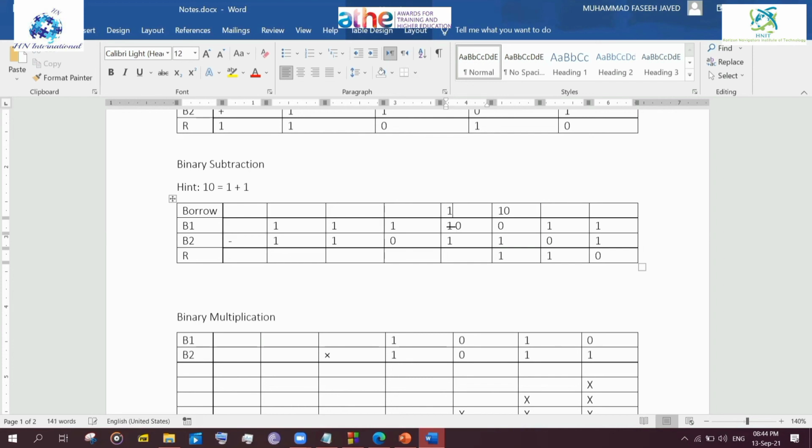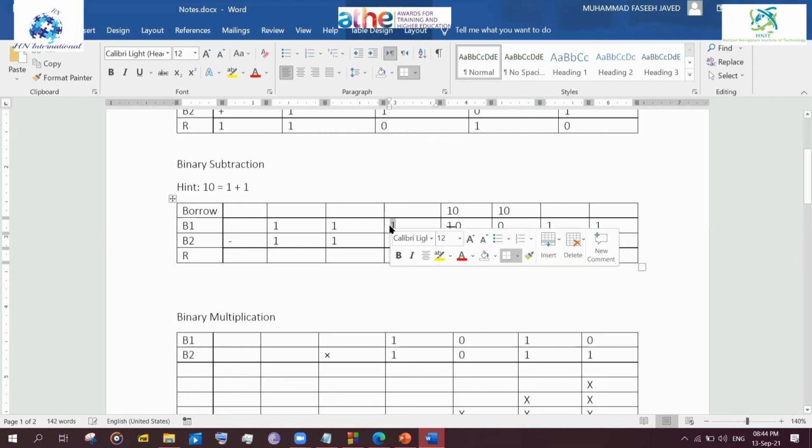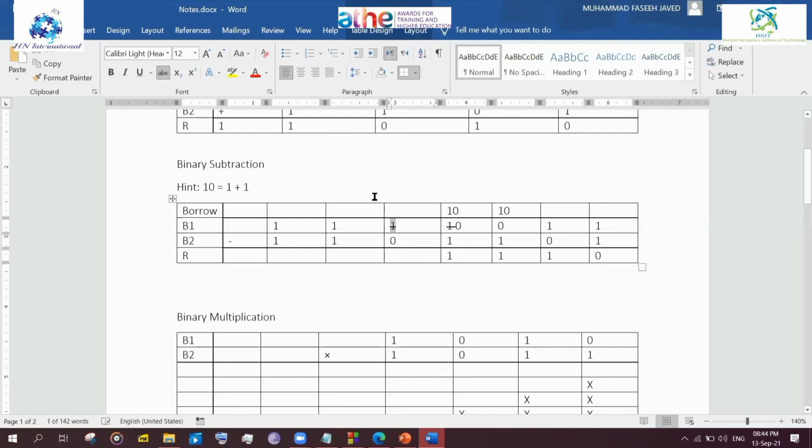We would get 1. Now this is also 0. So 0 minus 0, 0. So we can neglect these, as these are leading zeros, and leading zeros don't have any effect on the original value. So this is our answer.